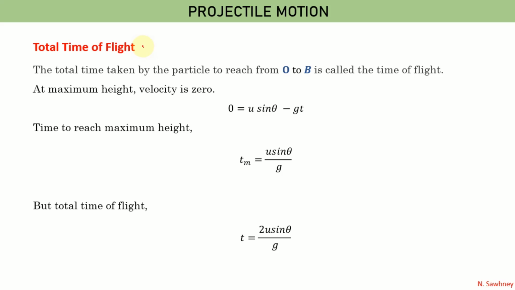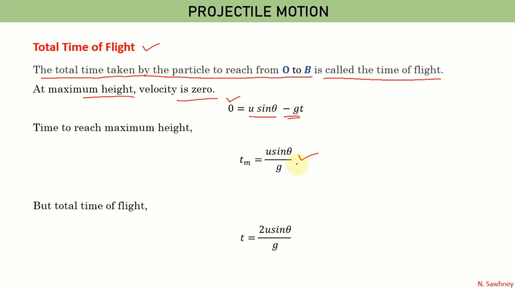Let us first find the total time of flight, that is the total time for which the particle is in air. Here it is represented by the time taken by the particle to reach from O to B. It's called the time of flight. At maximum height, the velocity is 0. So we can use the equation of motion. The velocity is 0. Earlier it was u sin theta, and the acceleration is minus g. So from here we can calculate the time to reach the maximum height, which is u sin theta upon g.